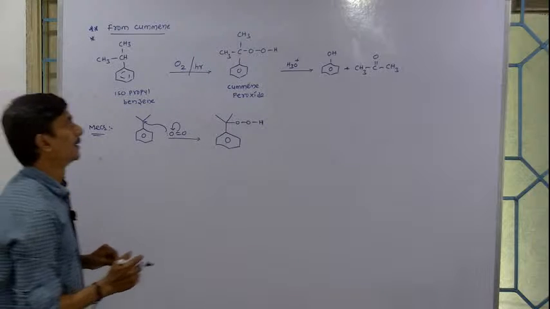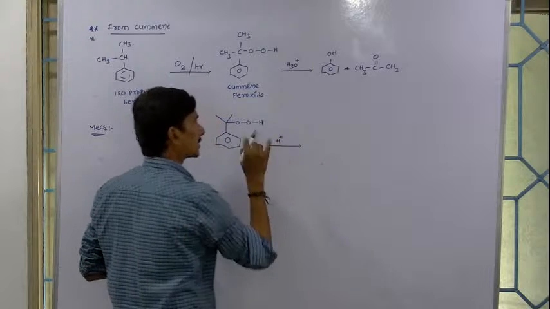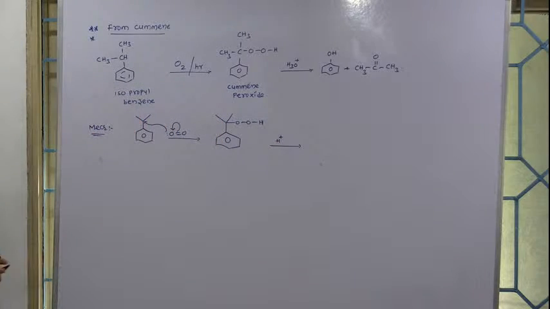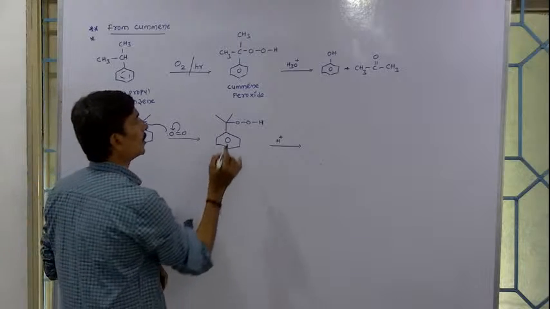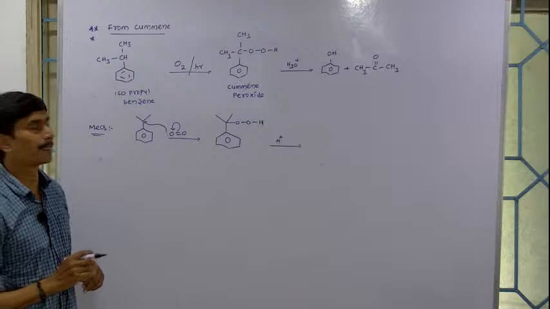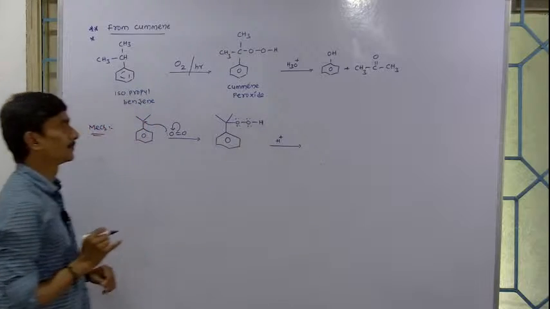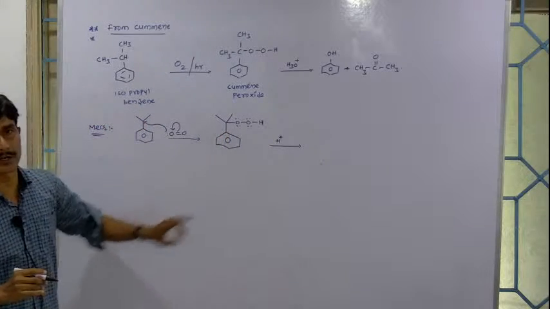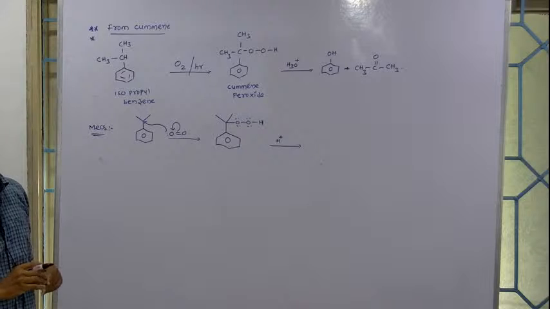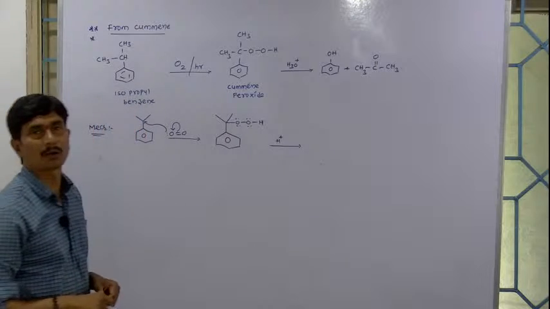Okay. Now we are using a solution, so it produces H plus ion, because this reaction takes place in aqueous conditions containing water molecules which can produce the H plus ion. So either of these two oxygen atoms can be protonated. Then which of these two oxygen atoms is easily protonated and removed in the form of a water molecule? If this oxygen atom gets protonated, then it is not removed in the form of a water molecule.